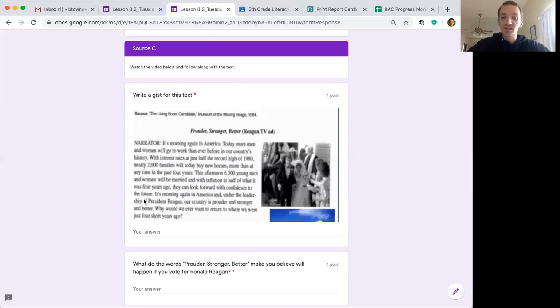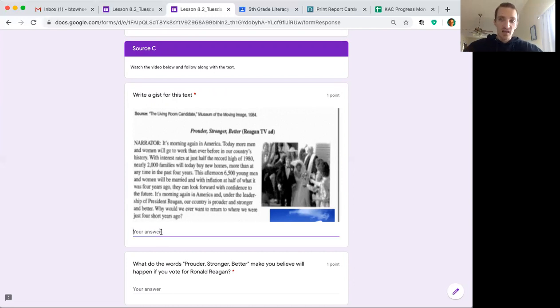This afternoon, 6,500 young men and women will be married, and with inflation at half of what it was 4 years ago, they can look forward with confidence to the future. It's morning again in America, and under the leadership of President Reagan, our country is prouder and stronger and better. Why would we ever want to return to where we were just 4 short years ago?